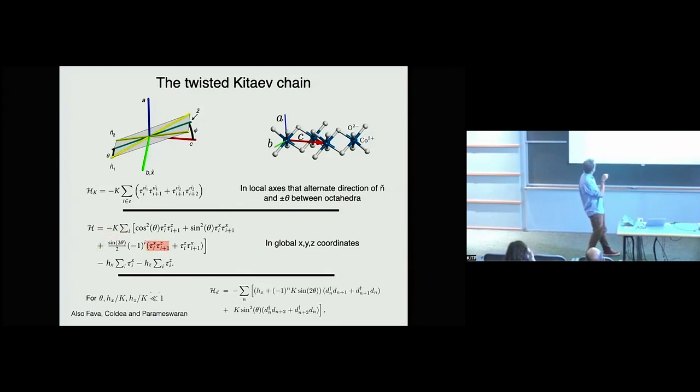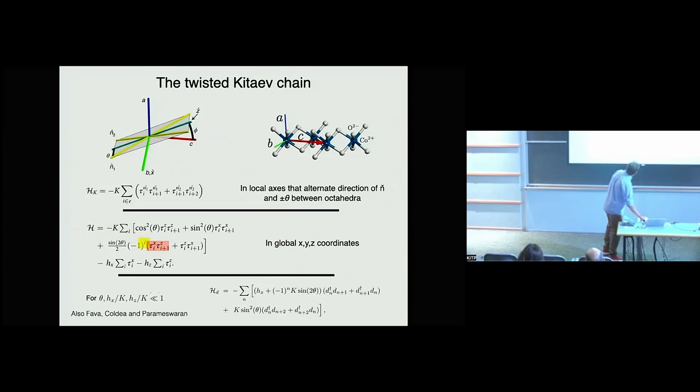This is done in the framework and the coordinates of these local axes, but we can put it in the global XY coordinates. And then you see what happens is you introduce this particular term here, which has the X spin interacting with the Z component, which changes sign from bond to bond in that fashion.